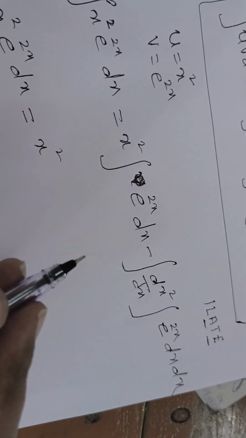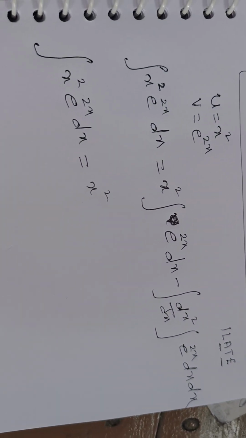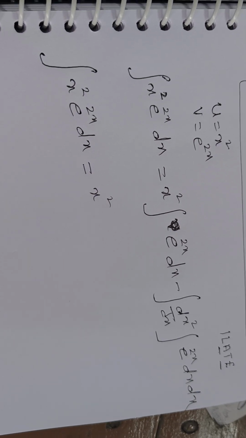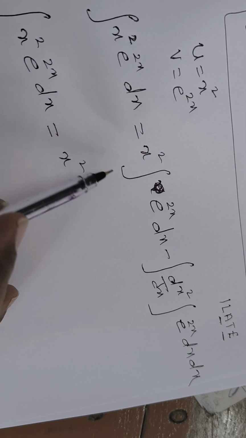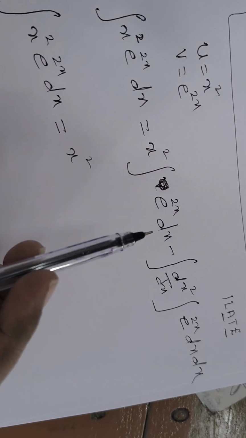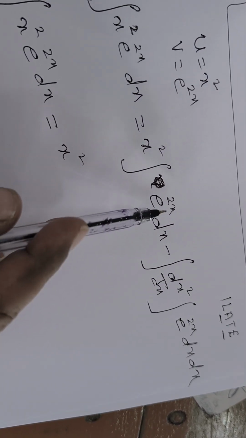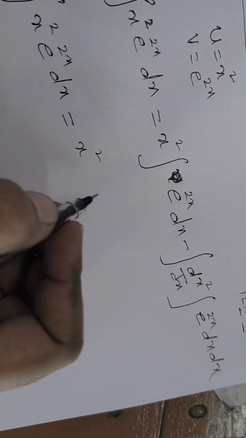We know that the integration of e power of x is e power of x, and the differentiation of e power of x is e power of x. If we have the integration of e to the power of ax, then its integration is e to the power of ax by a, which means the coefficient of x comes in the denominator.